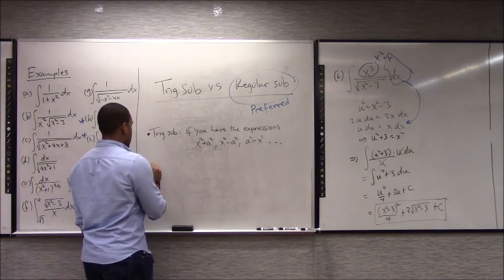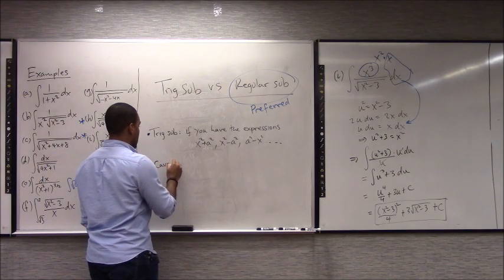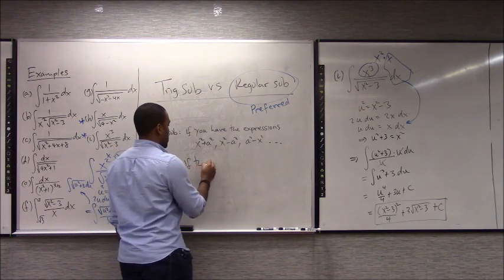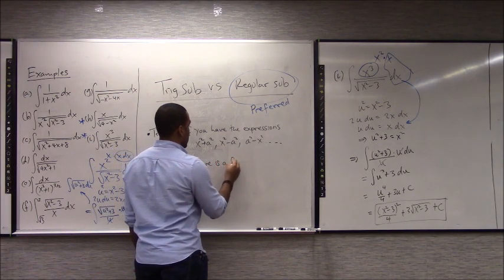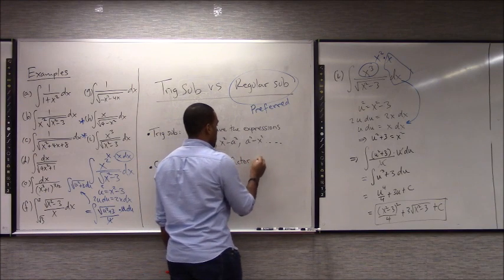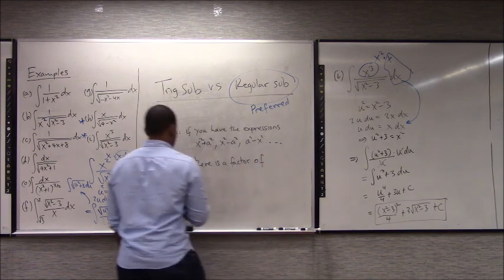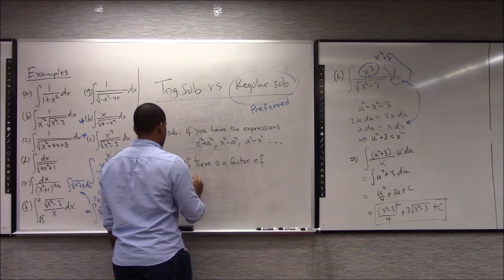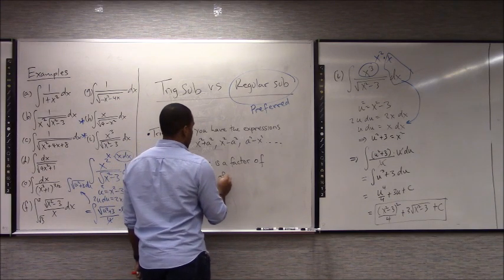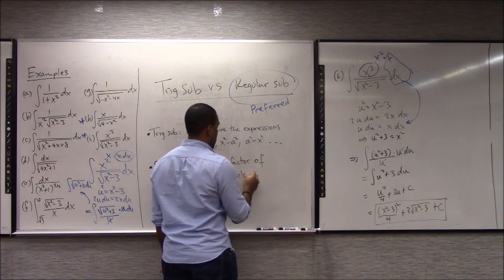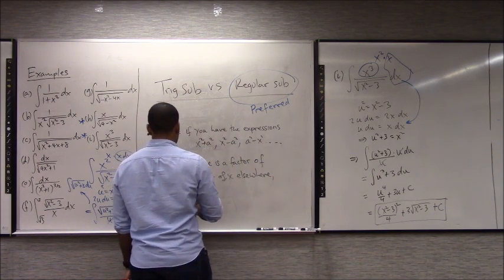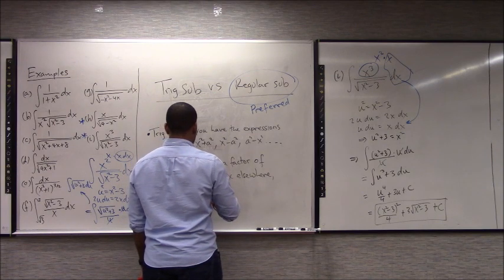What I would say is a caveat: if there is a factor of an odd power of x elsewhere, then a regular sub can work.